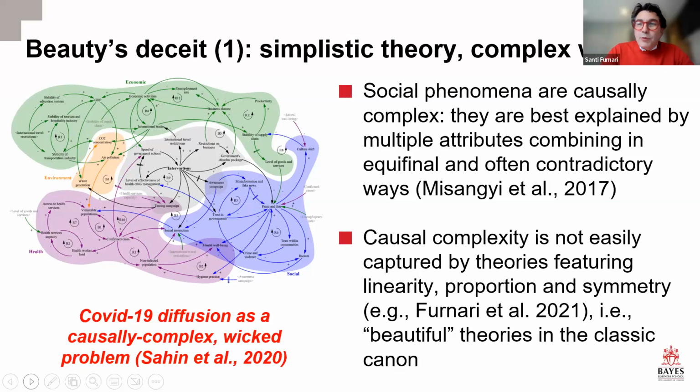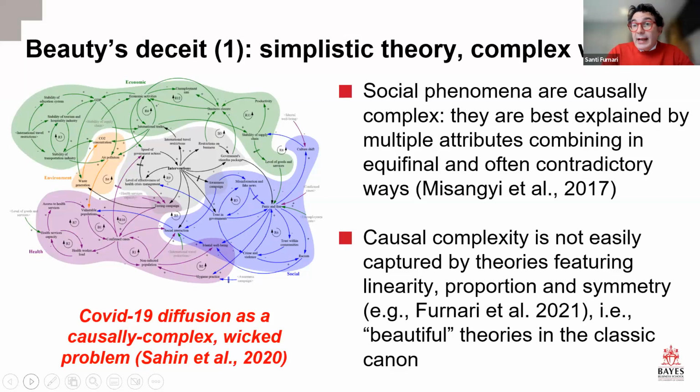Now, but there is a problem, which is that beauty, that classical notion of beauty of theories, that linearity, symmetry, and proportion, also hides something from us. It's also deceitful. There is also a deceit of that beauty.